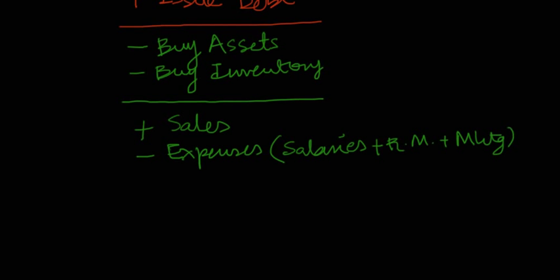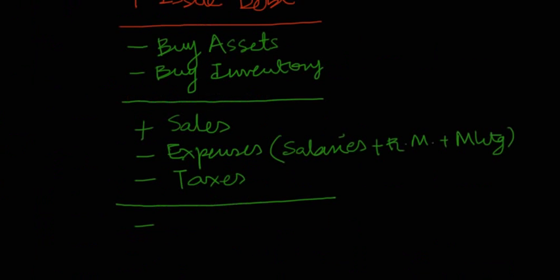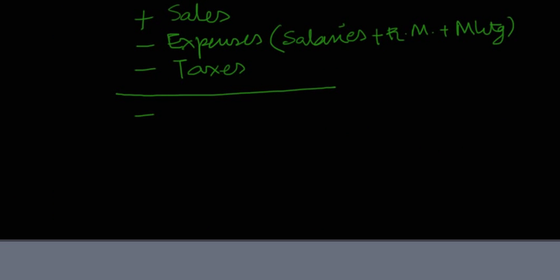All these are expenses which take cash out of the business again. You also have to pay the regulatory taxes. If you're making profits, you have to pay taxes. So in the P&L, sales brought in cash inflows, then there was an outflow because of expenses and taxes. This is not enough. As we saw, the business has raised debt, which means there has to be an interest payment. So your restaurant business also needs to pay interest.